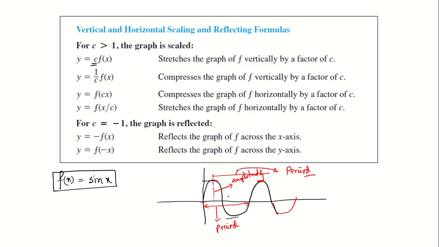We can consider the distance between two local maximum points, or it can be the distance between two local minimum points also. From this one to this one, the lengths are the same. Now, the period for f of x equals sine x is 2 pi.